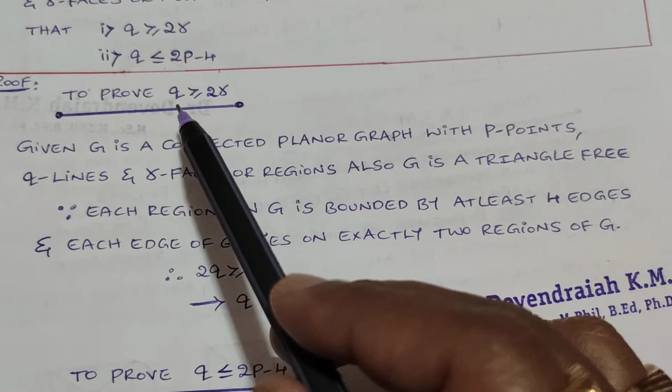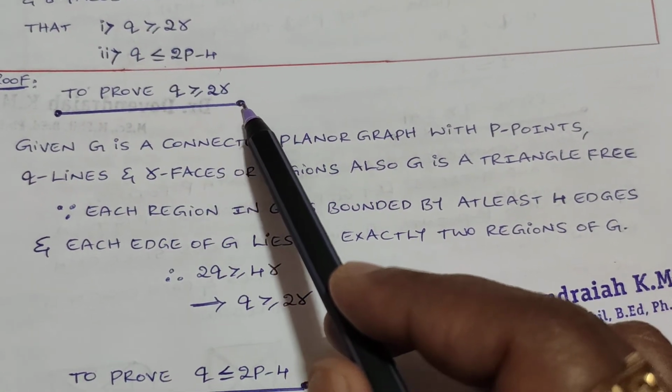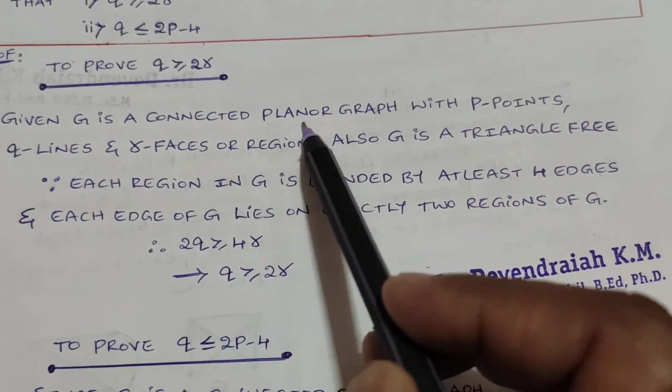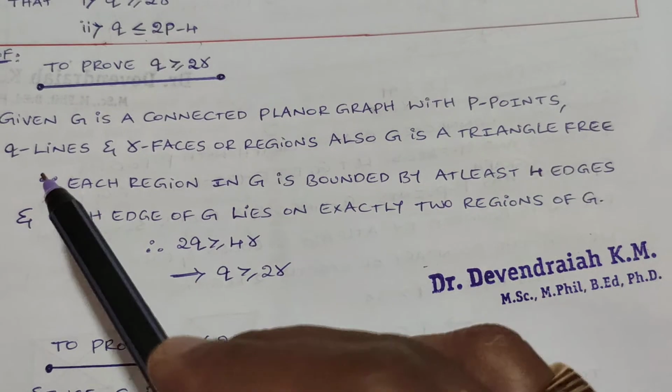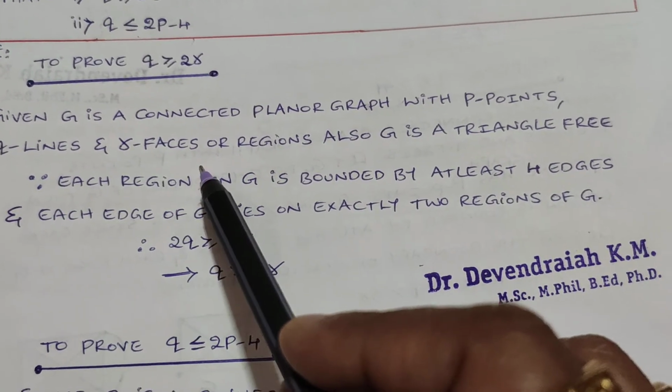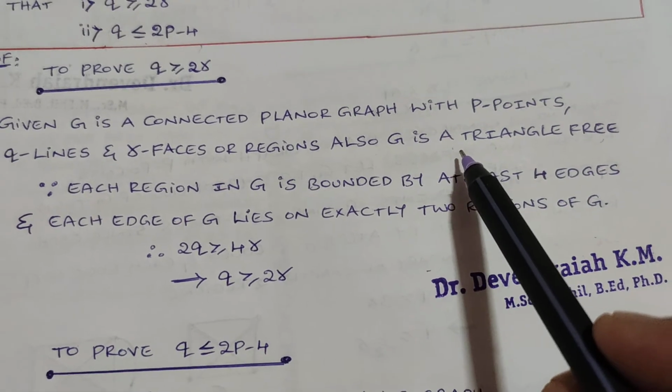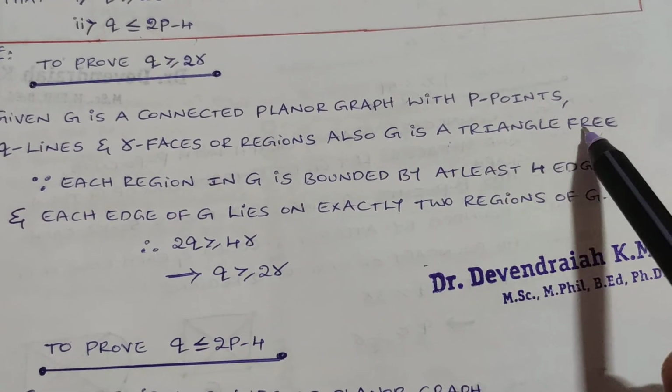To prove Q greater than or equal to 2R. Since G is a connected planar graph with P points, Q lines and R faces, also G is triangle free.